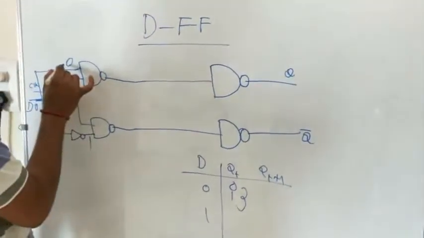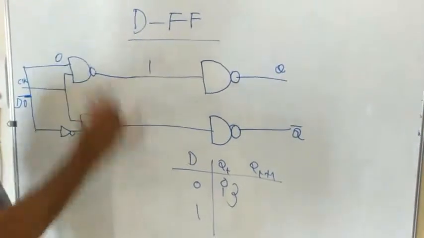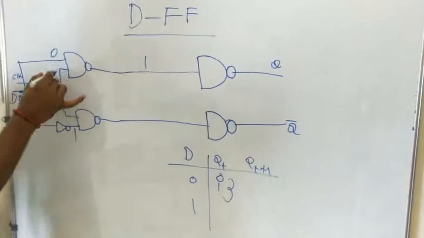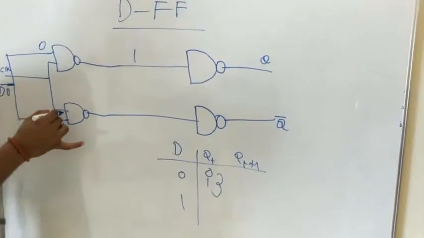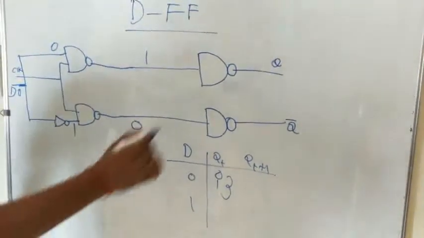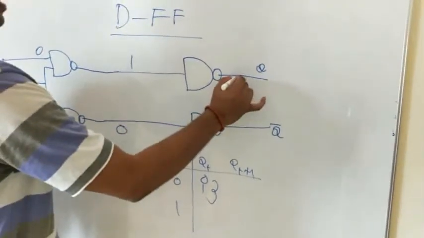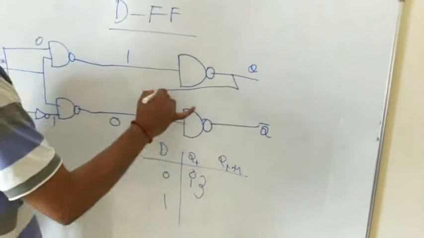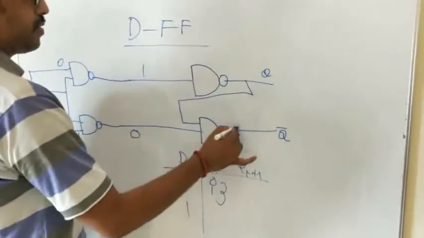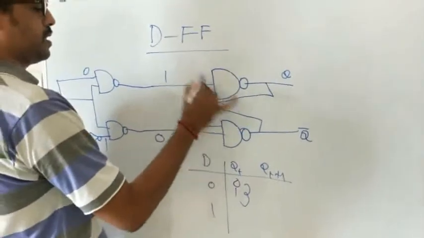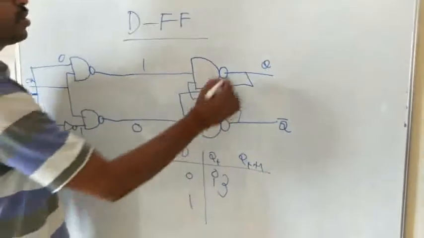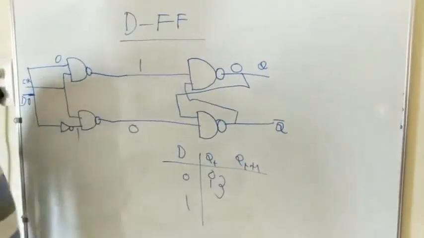If any one of the inputs is 0, the output of the NAND gate is 1. Here both inputs of the NAND gate are 1, because we assume the clock input is always 1, so the output of the NAND gate is 0 here. We have to take the outputs and give them back as inputs.